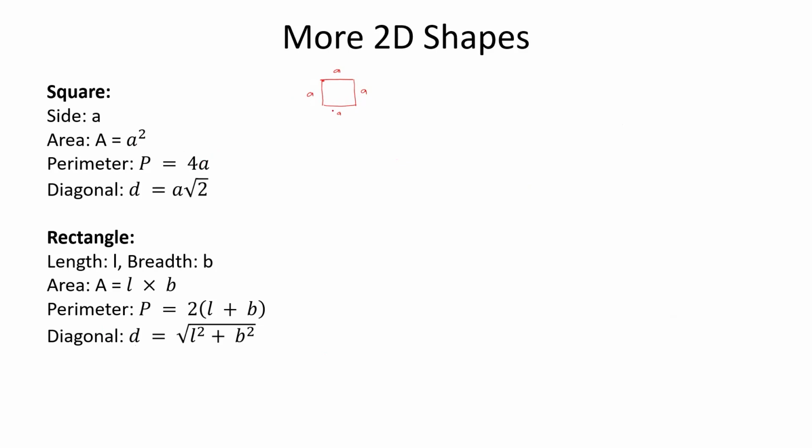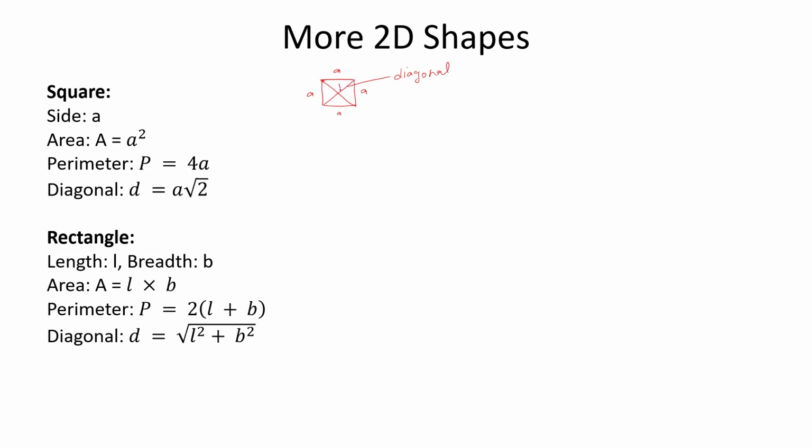But here you have one more terminology. When we talk about a square, you can join these corner points. This is known as a diagonal. This line is known as the diagonal of a square.